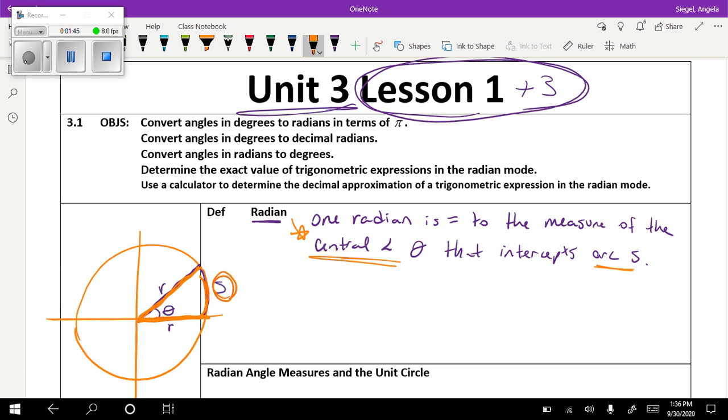It's kind of confusing, but if we could do fun stuff in class, I would take a Twizzler, and we would measure out the Twizzler, and then we'd put the Twizzler around the circle.